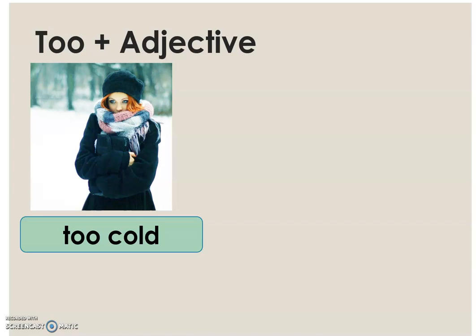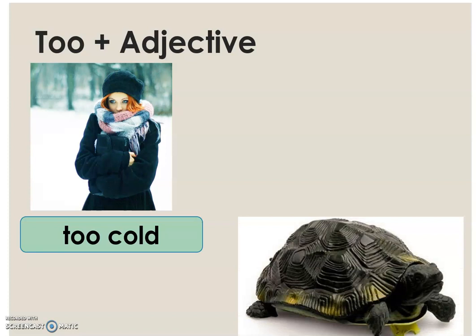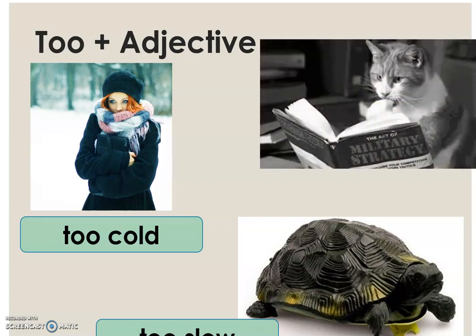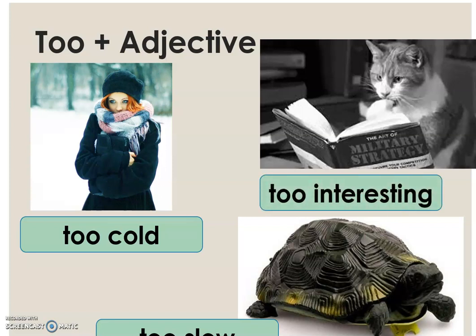The same goes for this plastic train, obviously, which is too slow. They are just as slow as the regular ones. And here in the third picture we have a cat reading a book, and the cat is saying that this book is too interesting.